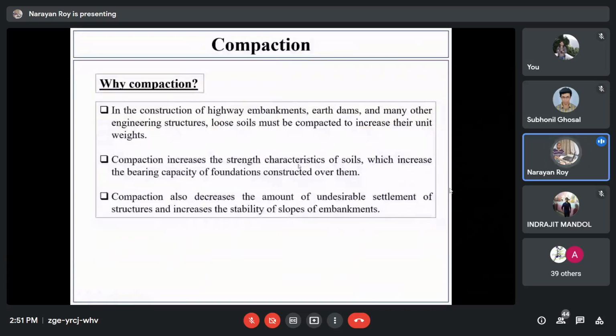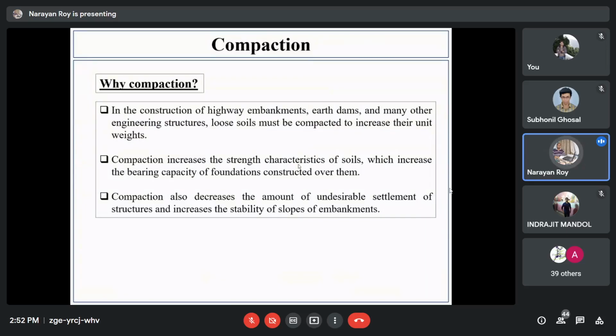Compaction is associated with increasing soil strength. If your soil is in a loose state, you cannot properly construct different engineering structures, specifically highway embankments, earthen dams, or many other types of projects.